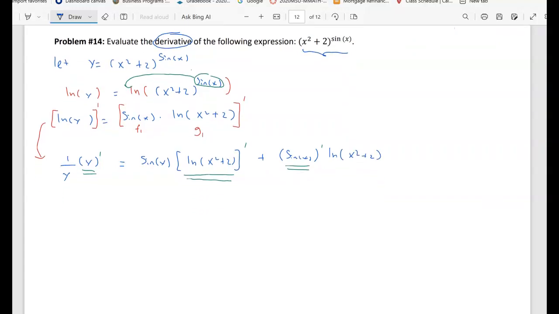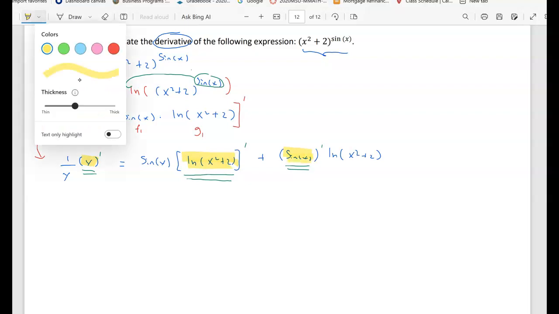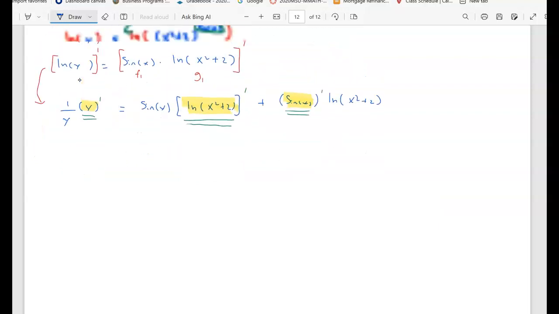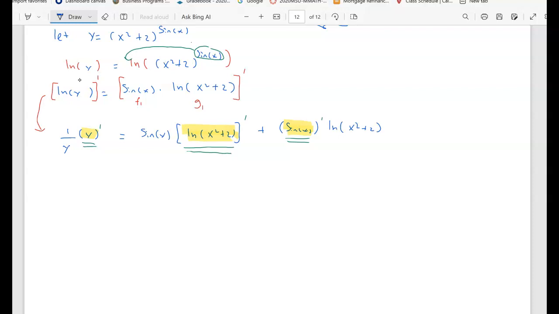Okay, the next step, we still have to take the derivative of the ln. Don't forget the chain rule on these. And on the left hand side, we're just going to have 1 over y times y prime.